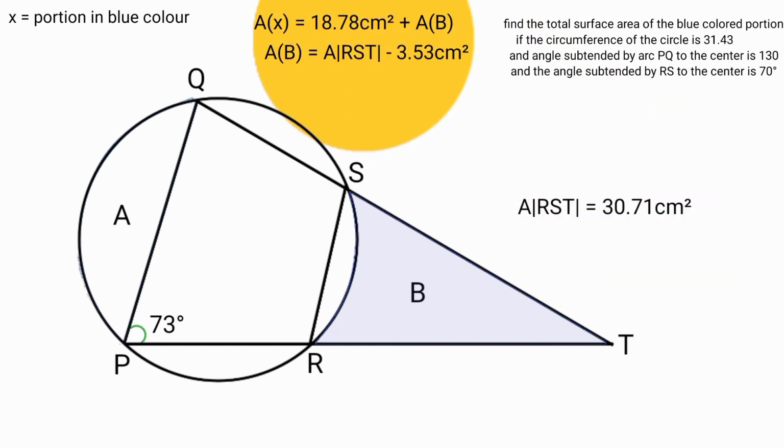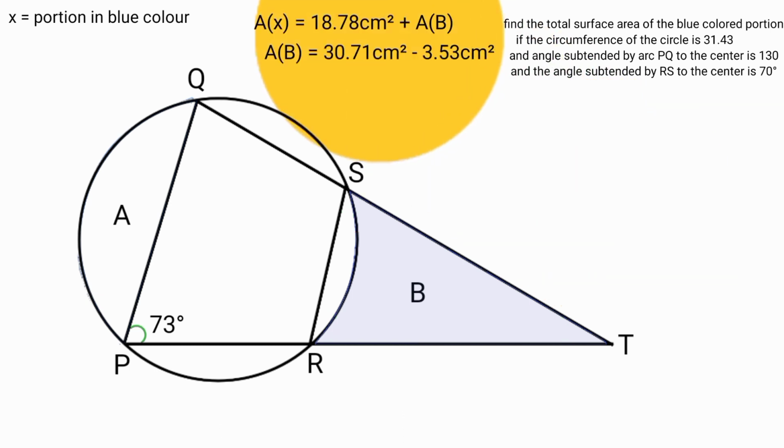Substituting here now into this equation, AB equals 30.71 centimeters squared minus 3.53 centimeters squared, which is equal to 27.18. AB equals 27.18 centimeters squared.